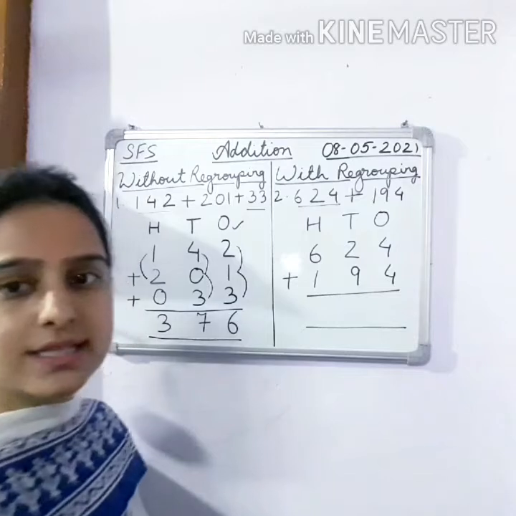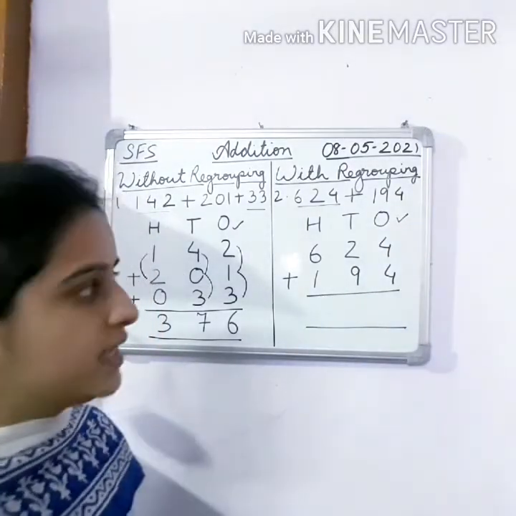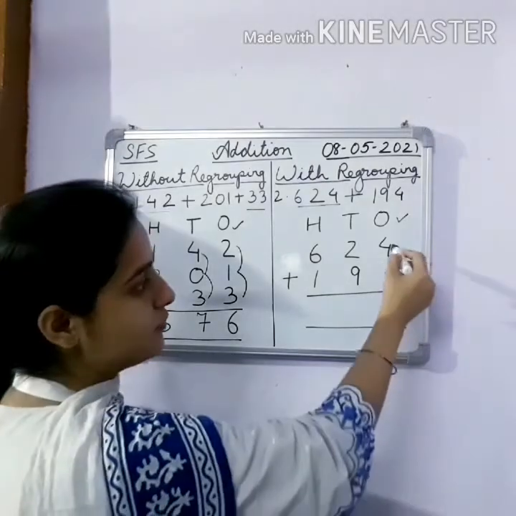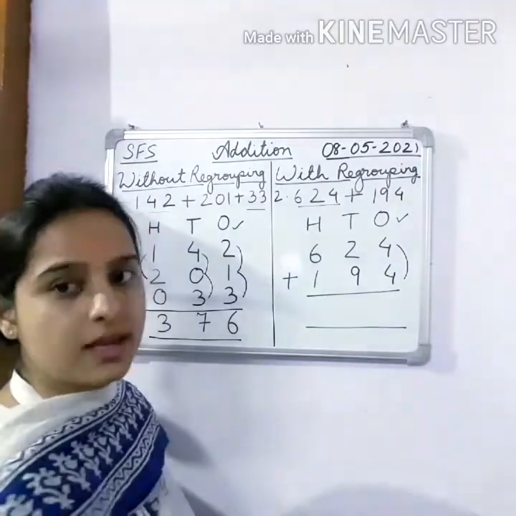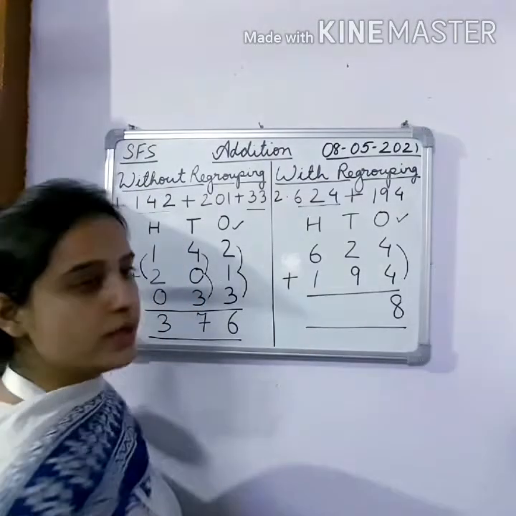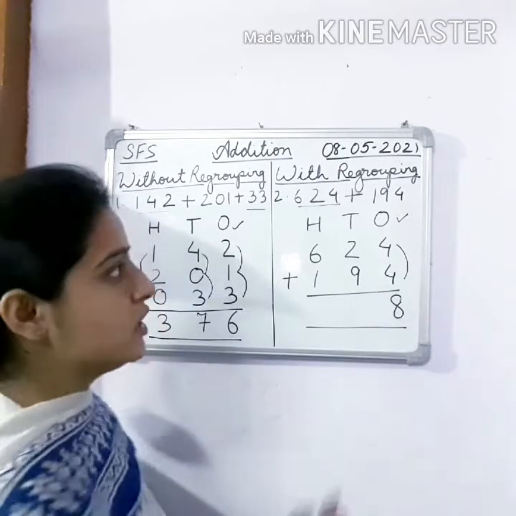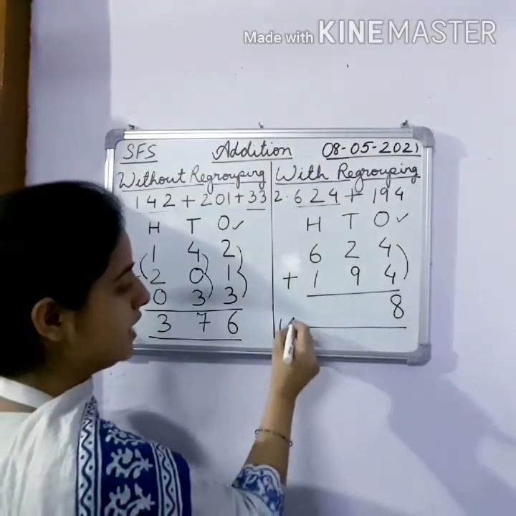Now let's find the sum. We always start our addition with ones place, right? So let's start. 4 plus 4 is what? 8. Next, 9 plus 2 is what? 9 plus 2 is 11, right? So here you are getting, children, 11.